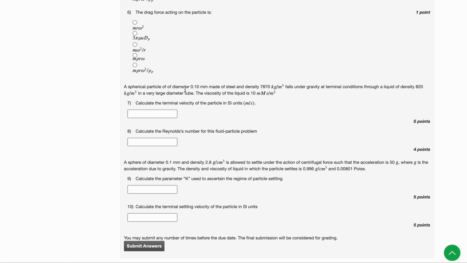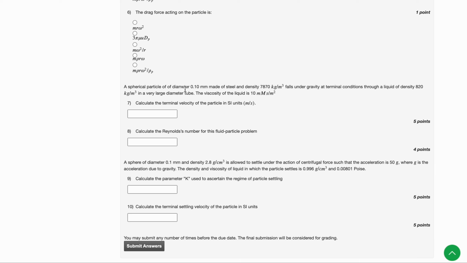Made of steel and density rho p is equal to 7870 kg meter to the power minus 3, falls under gravity at terminal condition through a liquid of density 820 kg meter to the power minus 3 in a very large diameter tube.